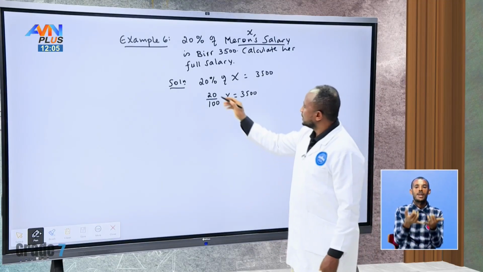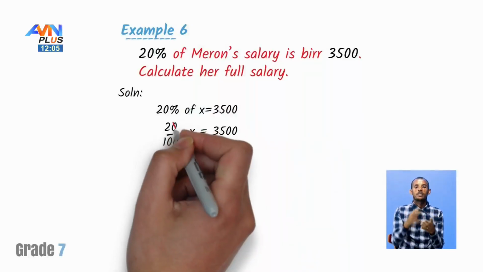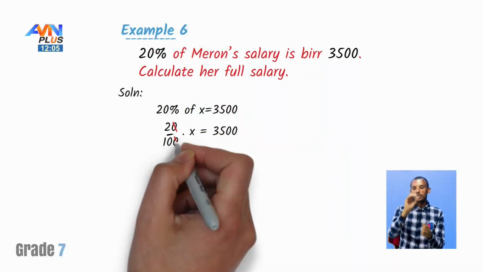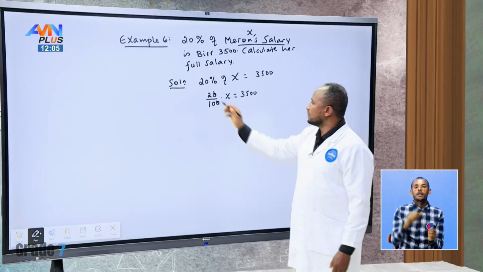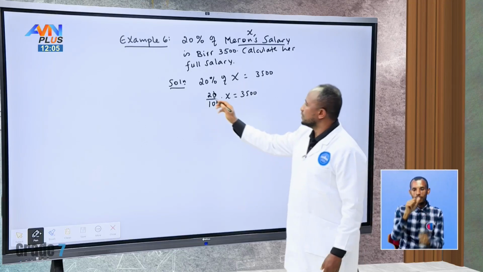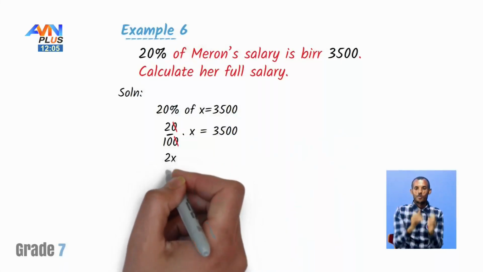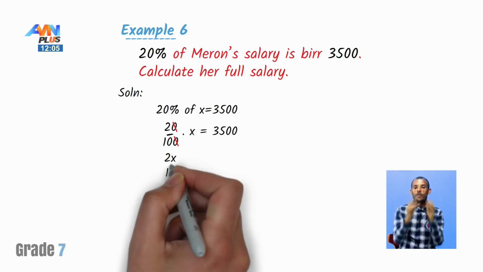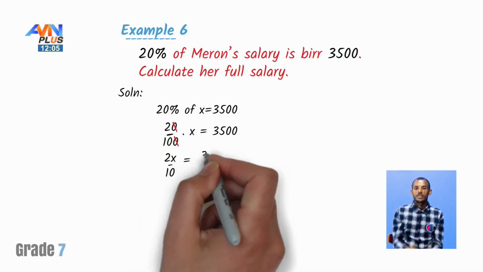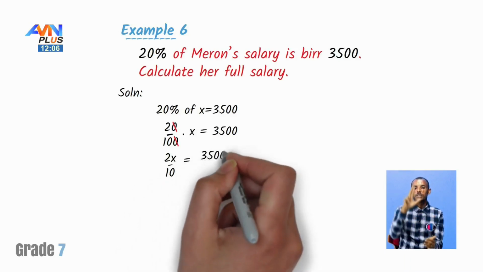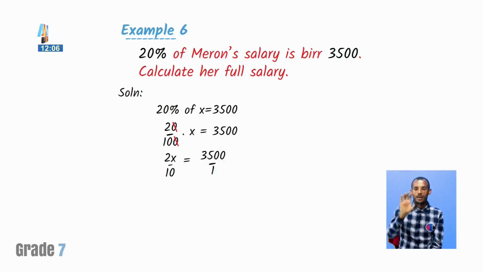Now, here let's simplify this. You can cancel the zeros or divide both by 10, and you have 2 over 10. So here, 2 times x gives us 2x over 10 is equal to 3,500.